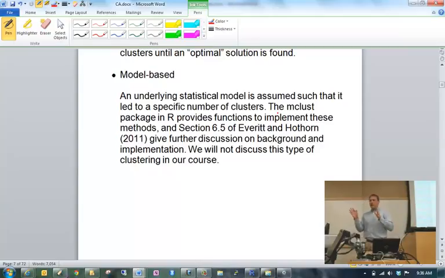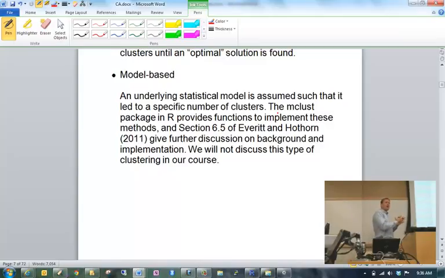The third method in cluster analysis is probably the newest of the 3. It's called model-based, where you assume an underlying model structure to your data. So you say, my data came about through this model. You might think of it in terms of, let's say, a regression model. And you're saying that your data came about through some kind of a regression model setting.